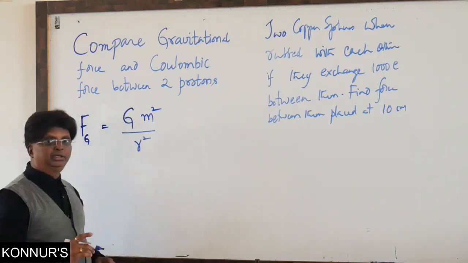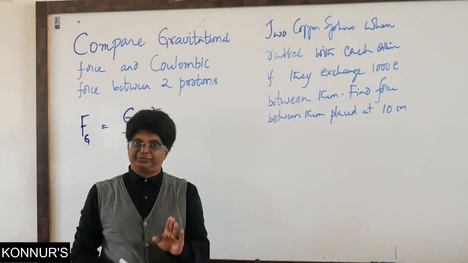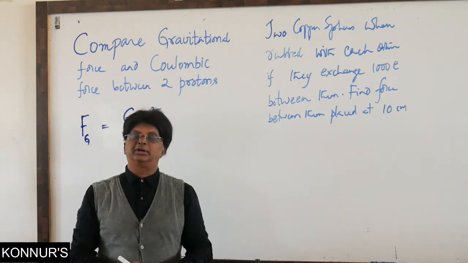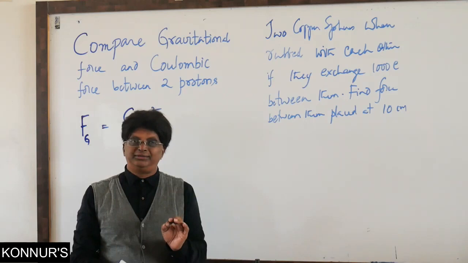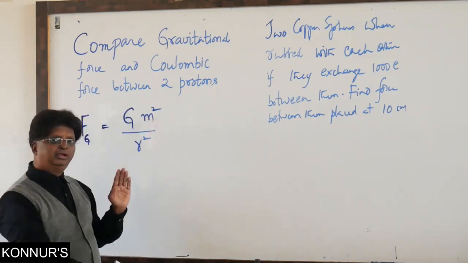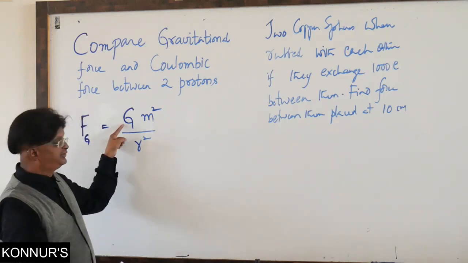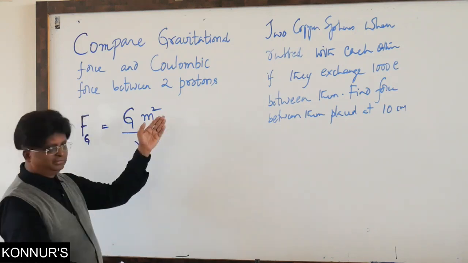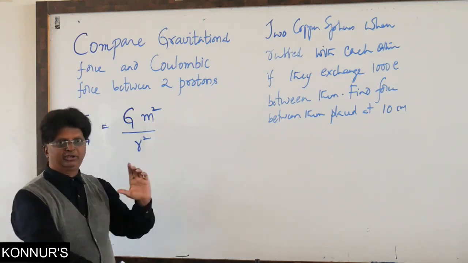If you want the number, you will substitute these values. Remember, I am now just comparing. For your additional note, you can do this also. The mass of the proton is 1.6 into 10 raised to minus 27. The G value is a known thing, 6.6 into 10 raised to minus 11 SI units. And r, you take as 5 cm or 10 cm and then evaluate. You do it. Now I only compare.